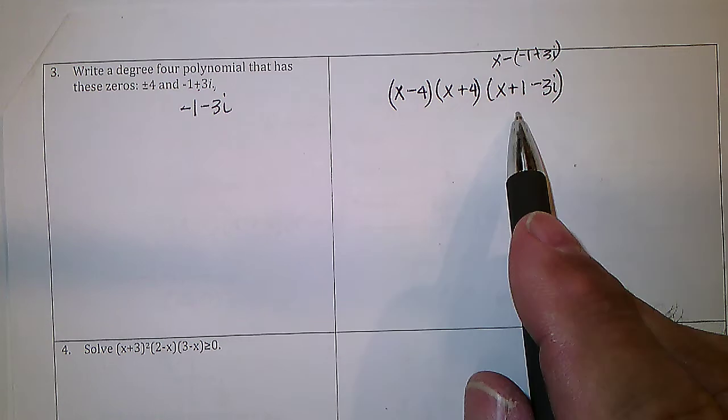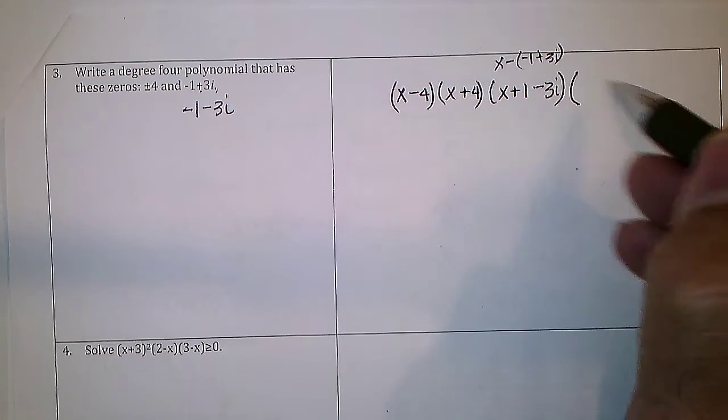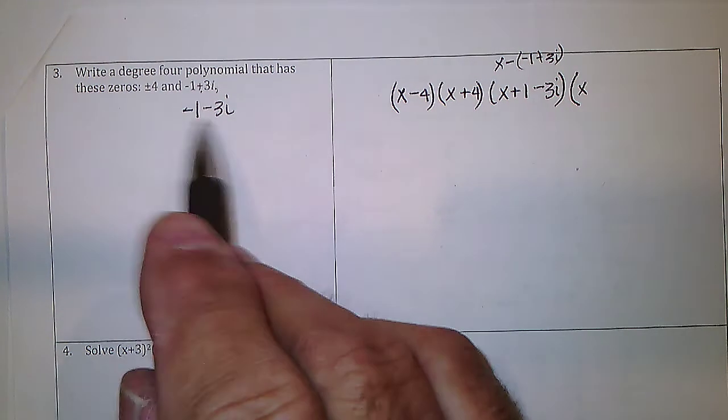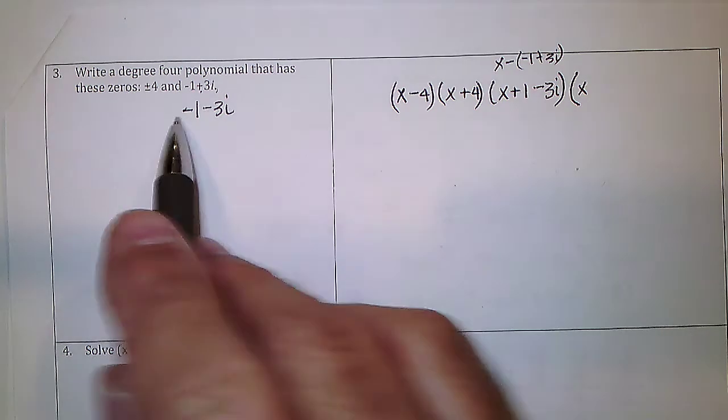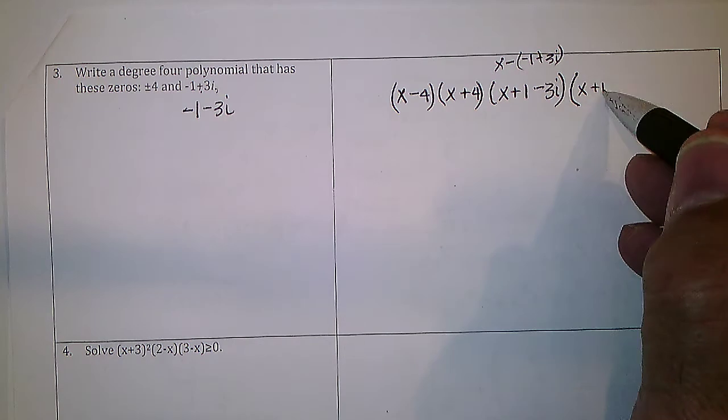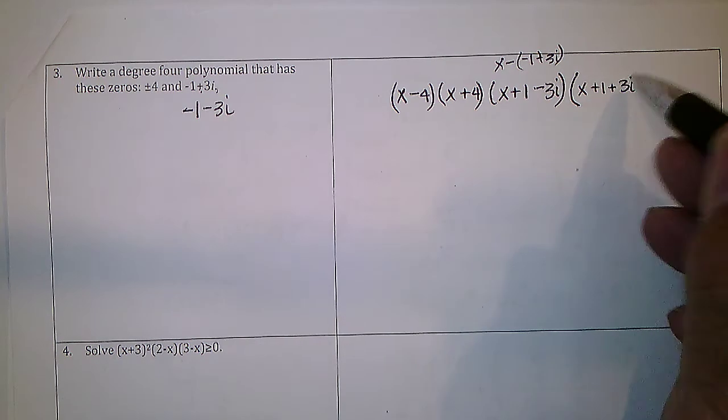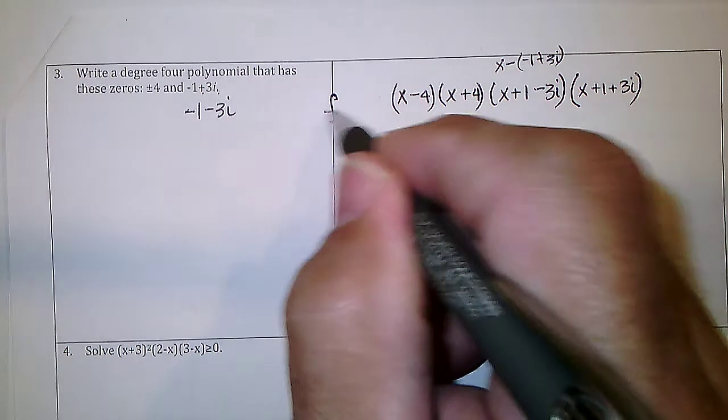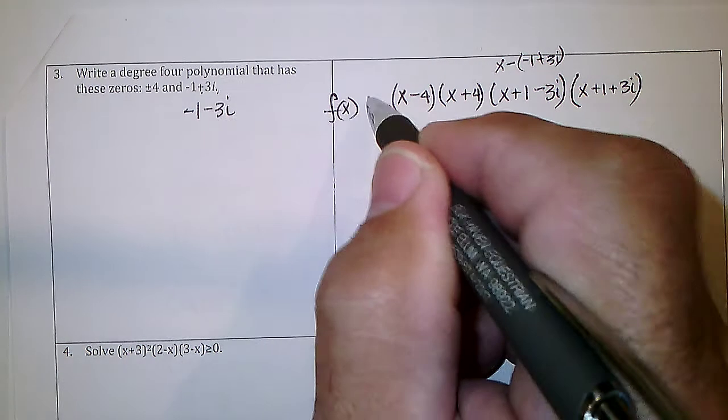So that's why it looks like that. And the other one is x minus the other 0, so the minus of this would be plus 1 plus 3i. And that's what the polynomial would look like.